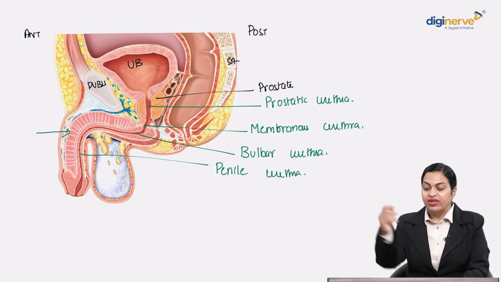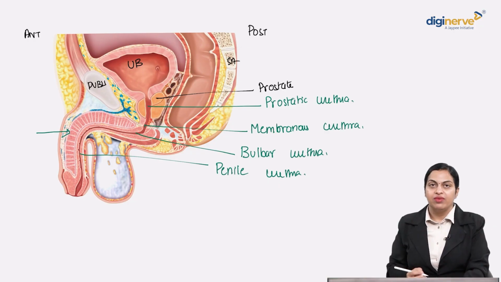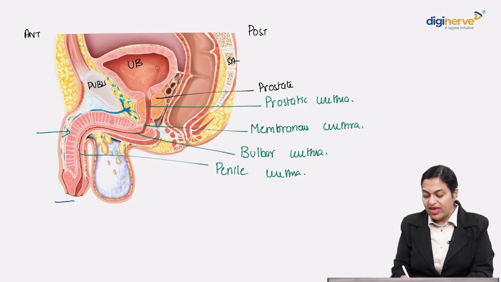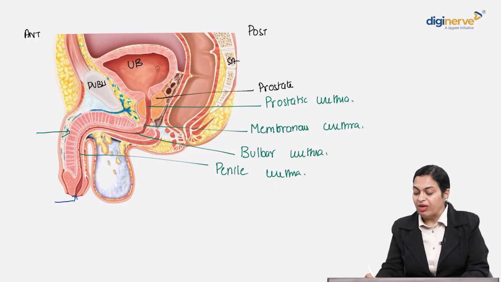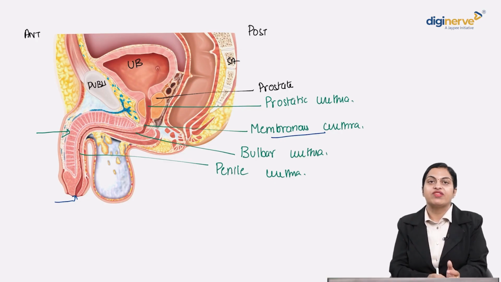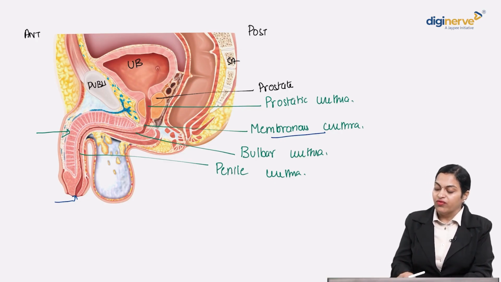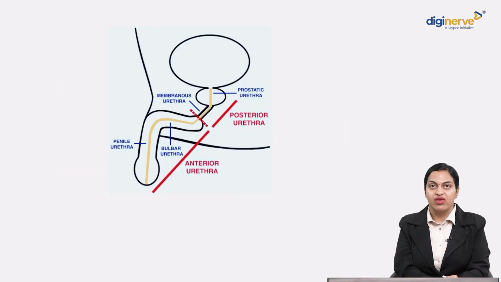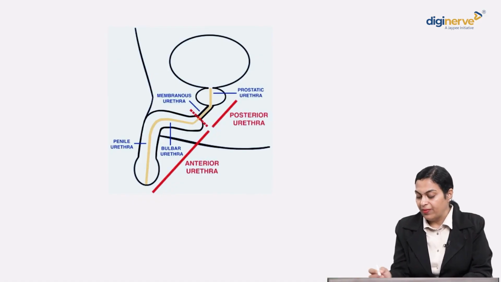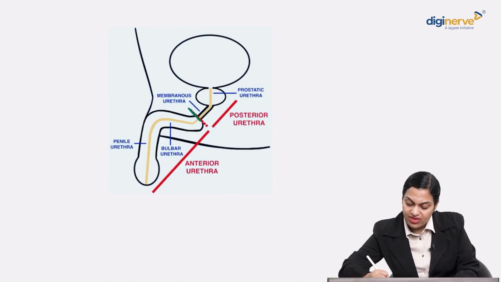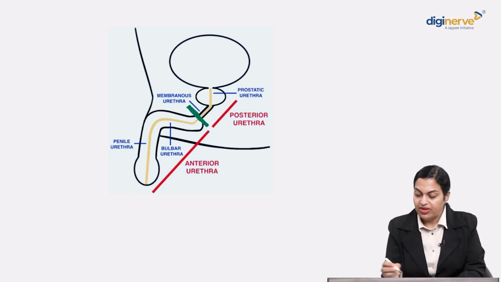The narrowest part of the male urethra is the external urethral meatus, followed by the membranous urethra. Also, the membranous urethra is the most fixed part of the male urethra. Another way of dividing the male urethra is in relation to this perineal membrane. This is the perineal membrane.